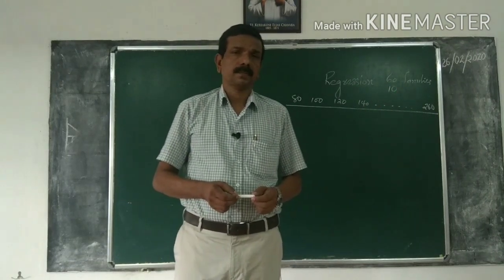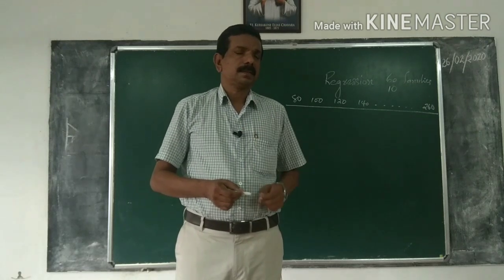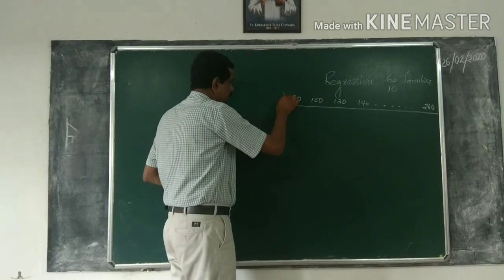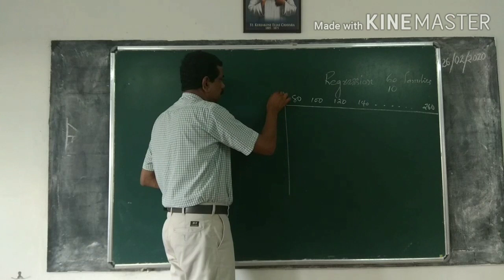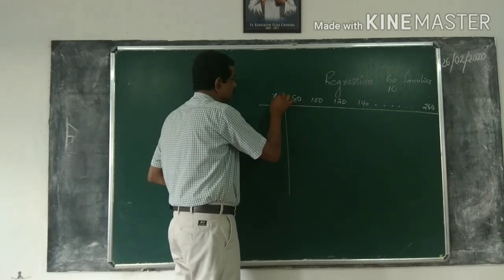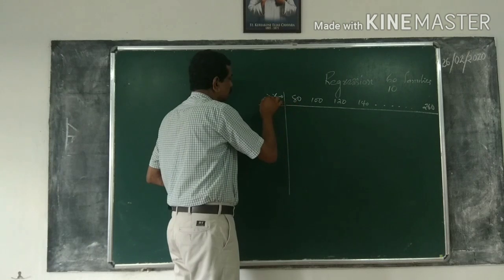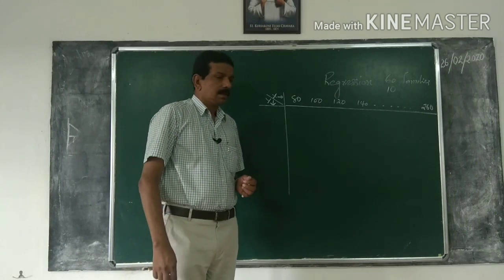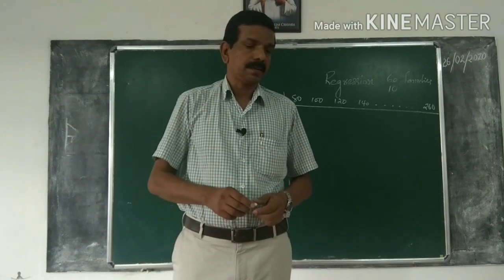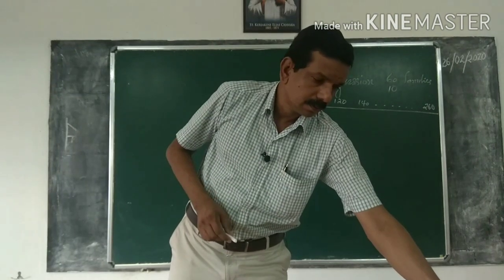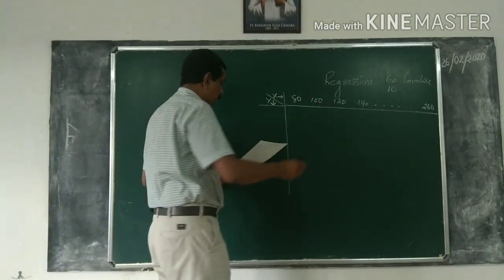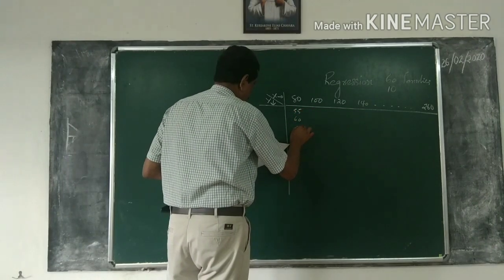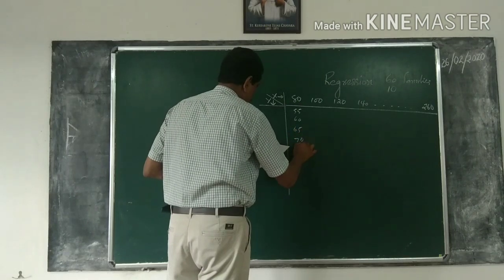Now suppose that in the first income group, so this is X, there are 5 families with the consumptions given by 55, 60, 65, 70, 75.